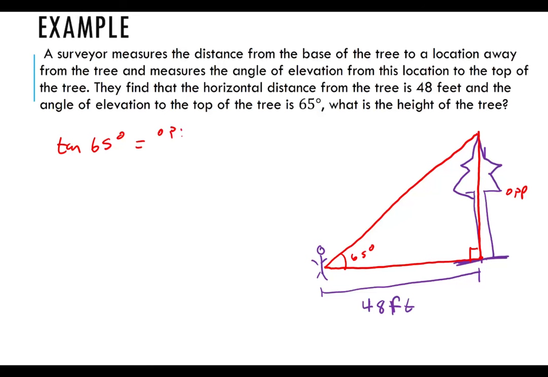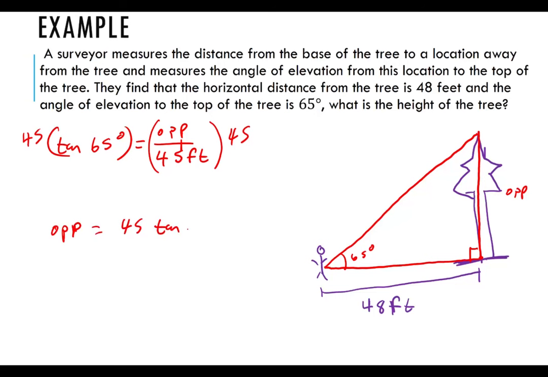I don't know the opposite side, but I do know the adjacent side is 45 feet. Then I can solve for the opposite side by multiplying both sides by 45.